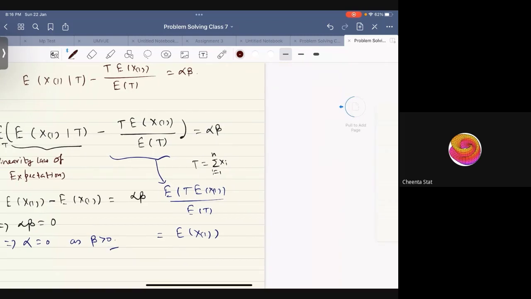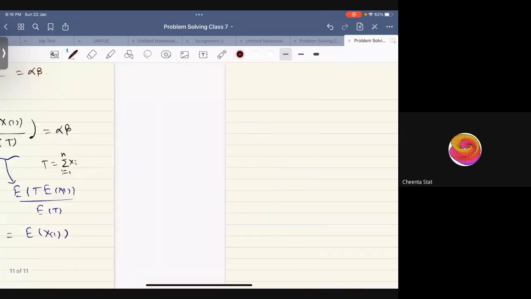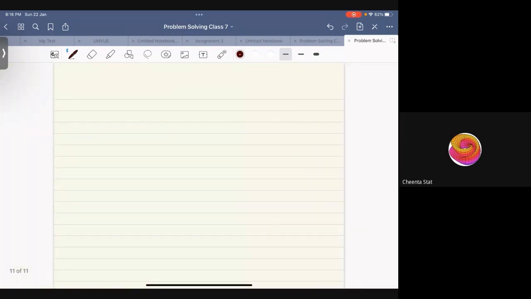So I'm writing a definition of first order ancillary. It will help in solving problems.